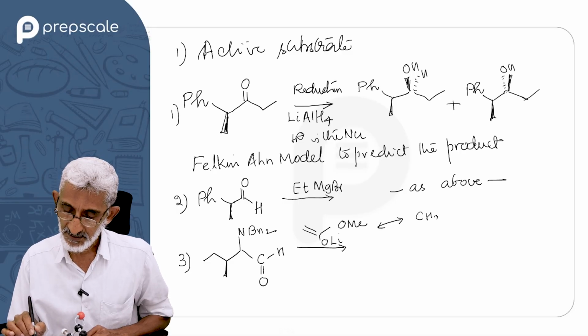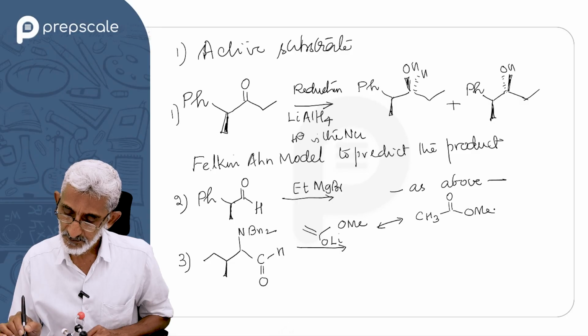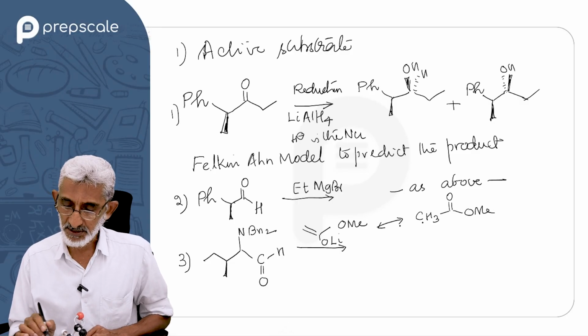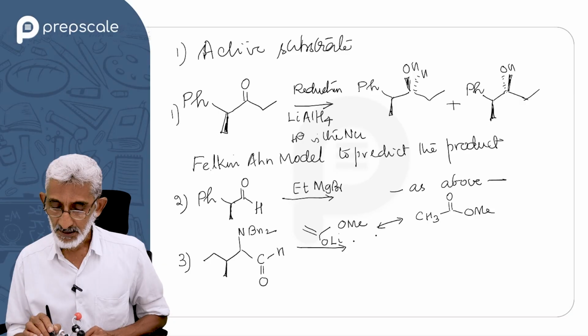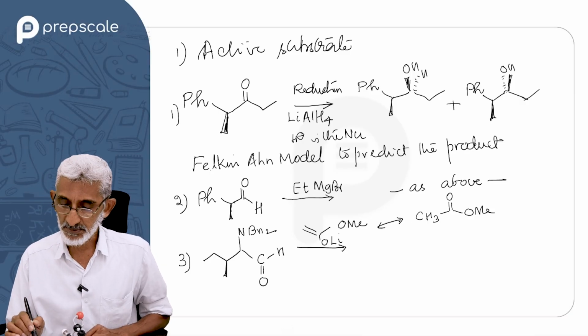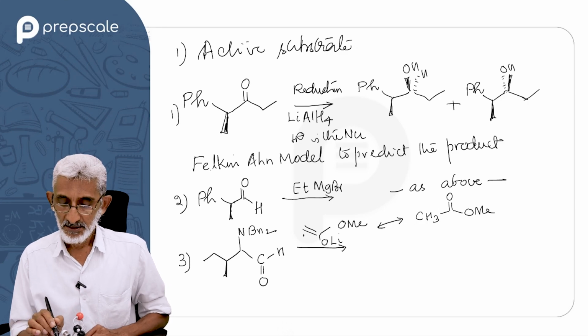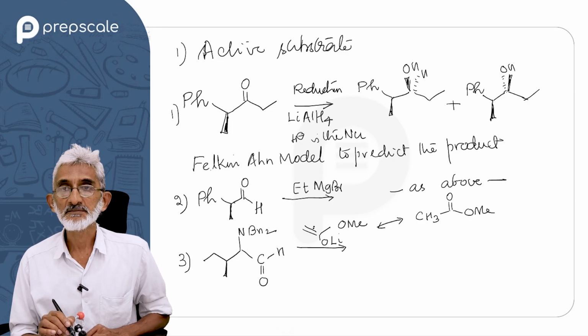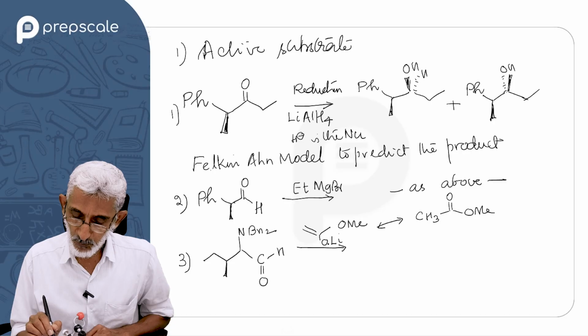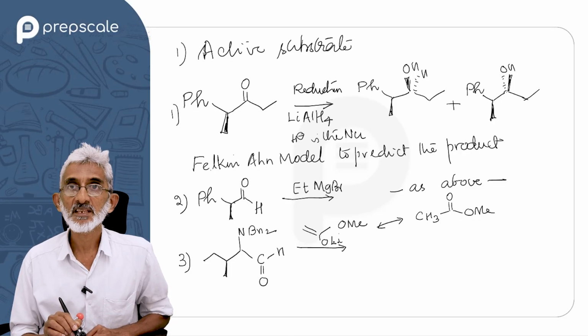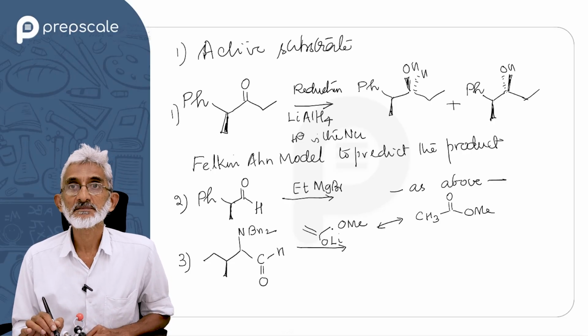It is CH3COOMe. We convert this into the lithium enolate by reacting with methyl lithium, and you'll get this compound. So this is the nucleophile, O minus Li plus. So this will act as a nucleophile.